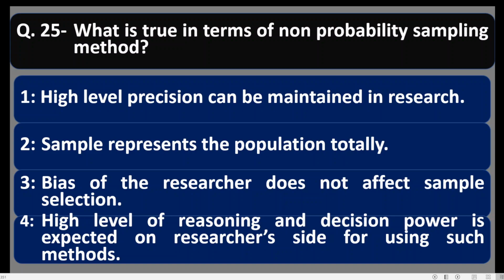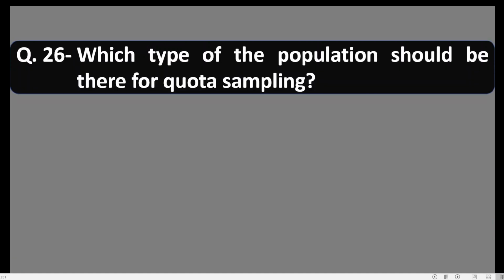It is also false. If the researcher wants to select a sample by applying the non-probability sampling method, then he must have a high level of reasoning and decision power. So option number 4 is correct. In the non-probability sampling method, a high level of reasoning and decision power is expected on the researcher's side.